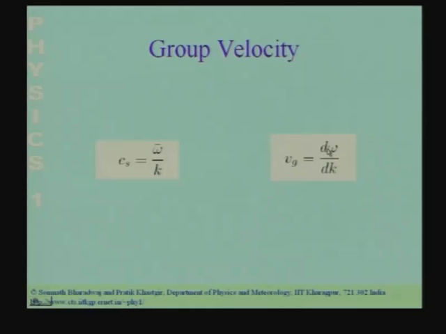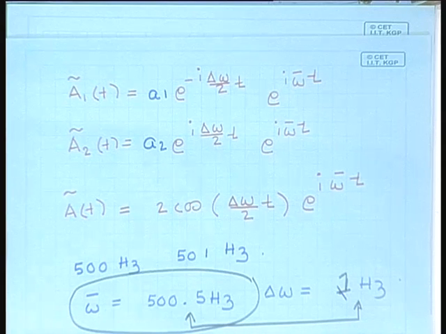This ratio is called the group velocity, d omega by dk, and this tells us the speed at which the modulation propagates, and this is usually the speed at which you can send signals using the wave. So, this is called the group velocity.